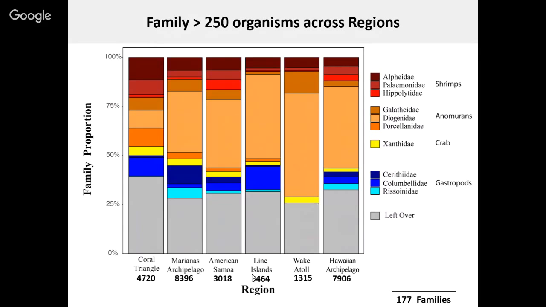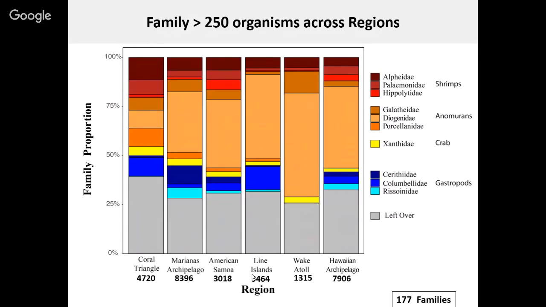And the reason why you have to do this is it'd be too complicated to see 177 families within each one of these bar graphs. So essentially, I'm only displaying 10 of them, and all 10 of these have greater than 250 organisms within the family, within each region.